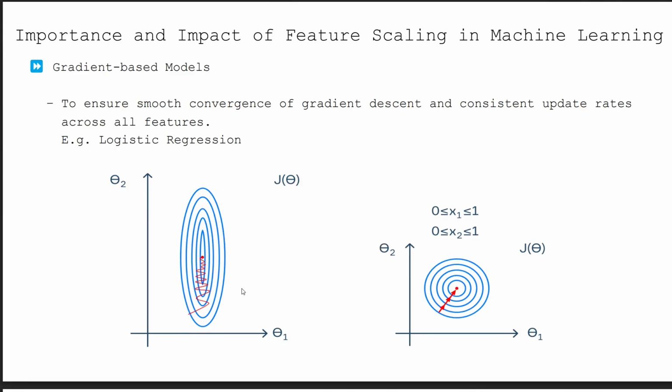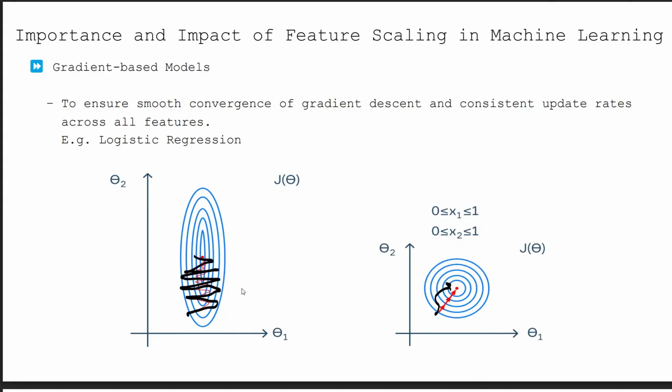This is the contour plot for gradient descent showing how our algorithm converges to the optima. Because one feature has a high value, it makes the gradient oscillate. That's why the convergence is in a zigzag manner, taking more iterations, and it is not a smooth convergence. But when we put both on the same scale, the convergence is smoother and faster.